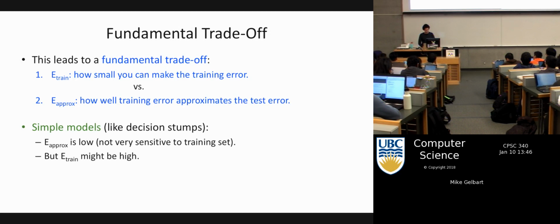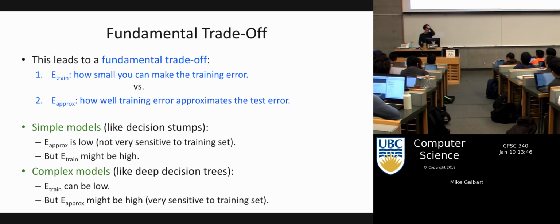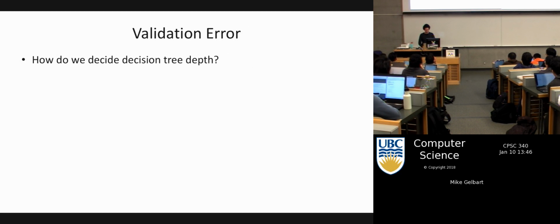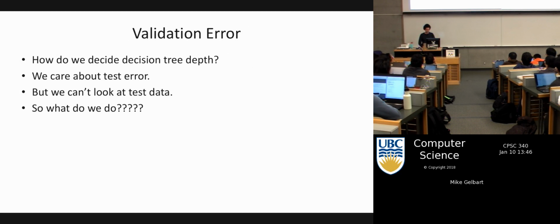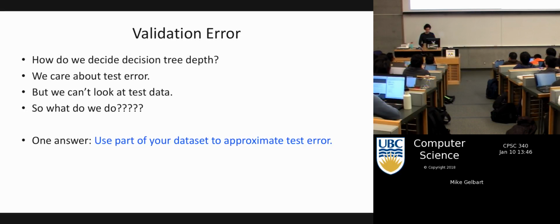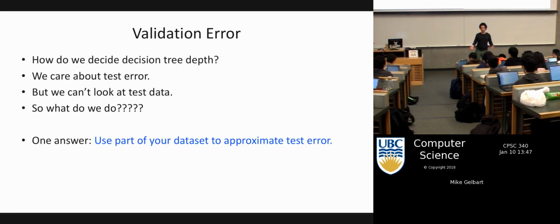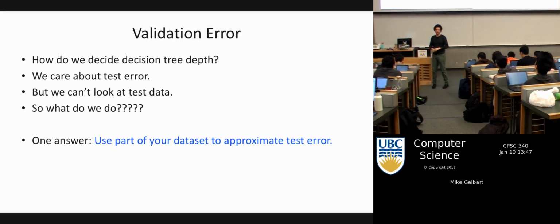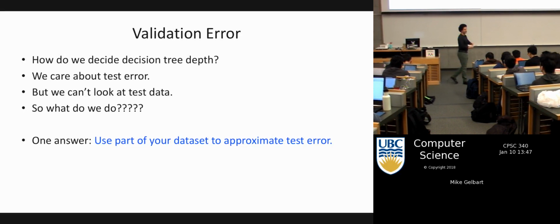Okay, 4 minutes. Said that. Already showed you this. Sometimes it goes up, sometimes it stays flat. We talked about that. Validation error, we kind of talked about this. So again, loose usage of the words validation versus the word test. My preferred usage would be test is that hypothetical thing that you eventually have to do, and validation is the portion of your training set that you withheld in order to approximate test error.